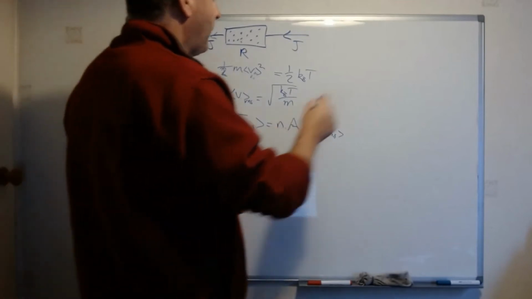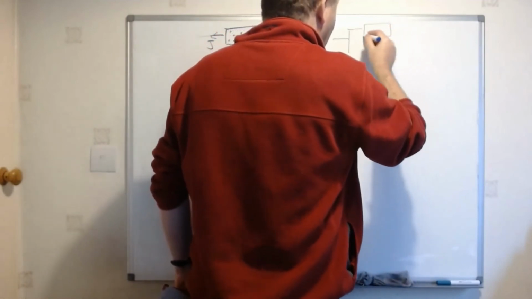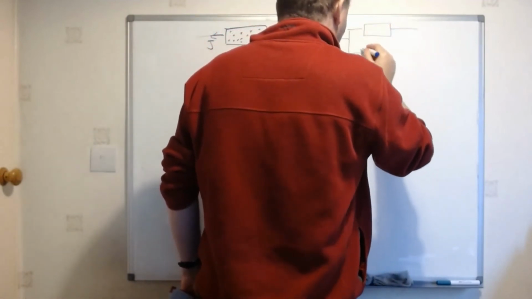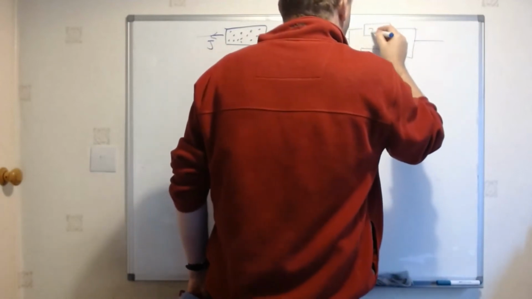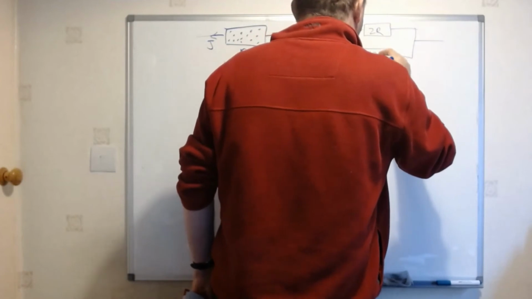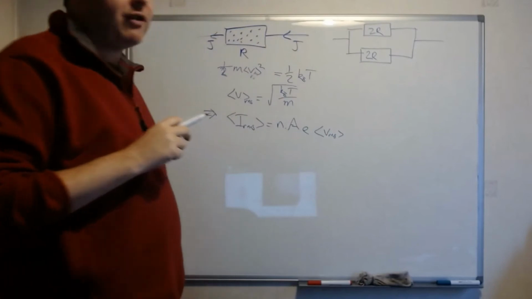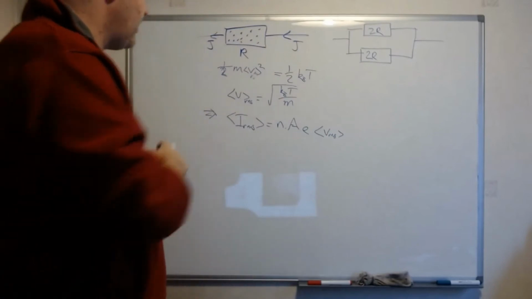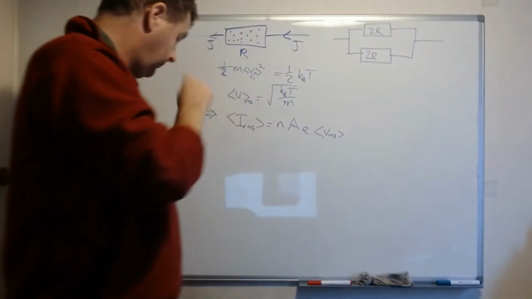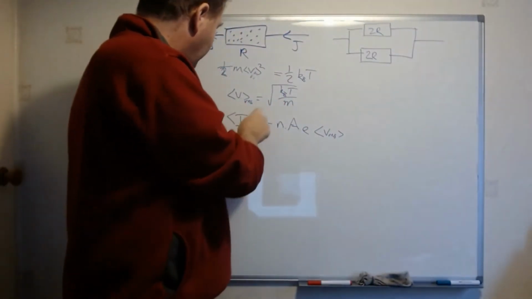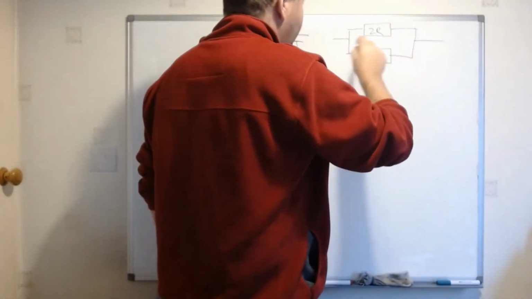So what we're going to have instead is two resistors, each of which is going to have a resistance of 2R. So each of these resistances we can think of as having a little fluctuating current there.